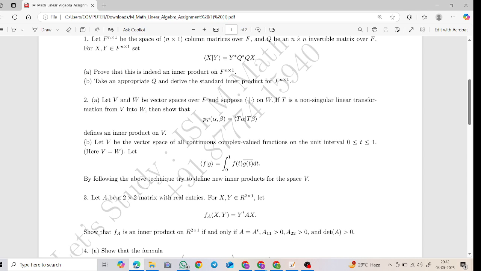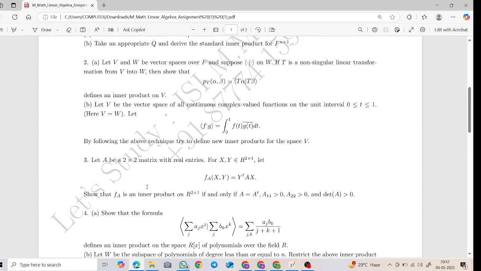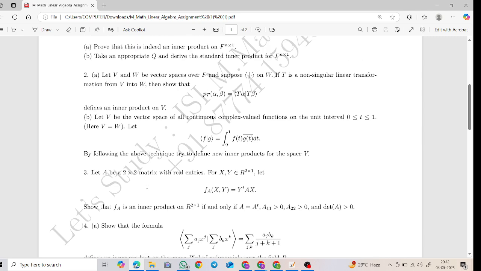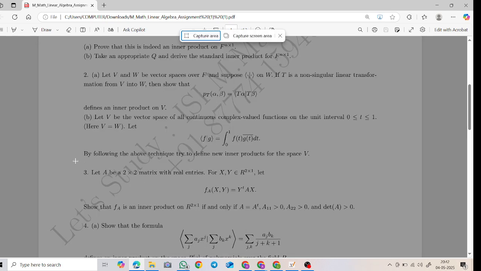Let's move on to problem 3. Sir, in 2A, what is the need of non-singular linear transformation?